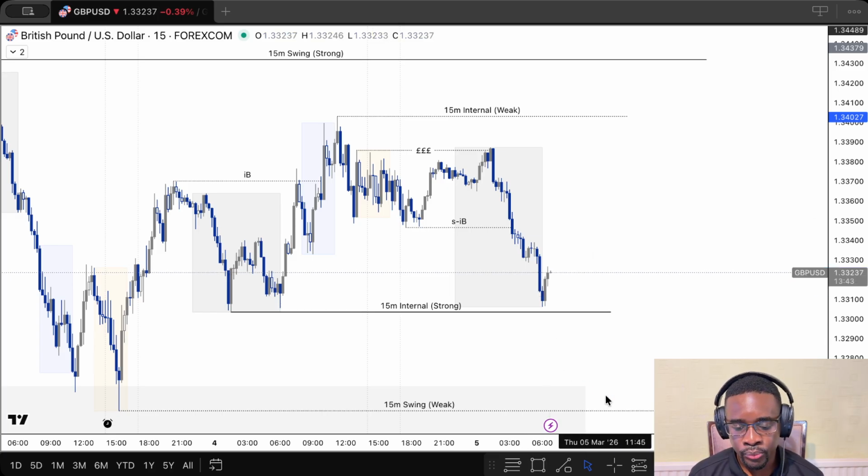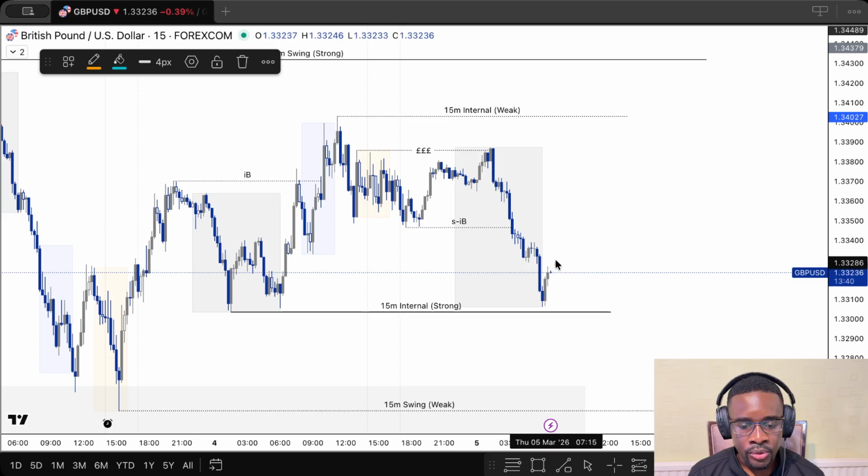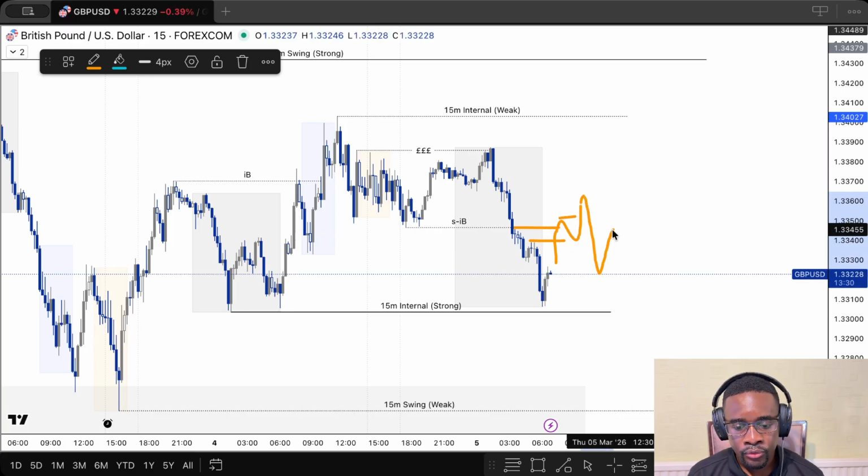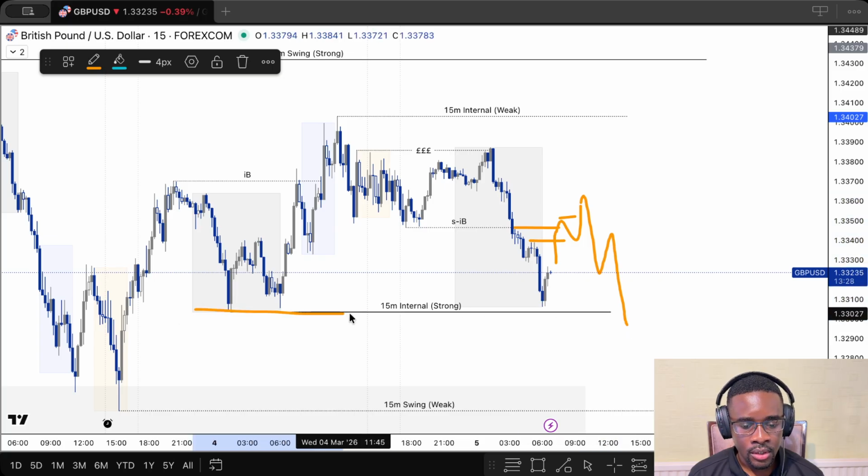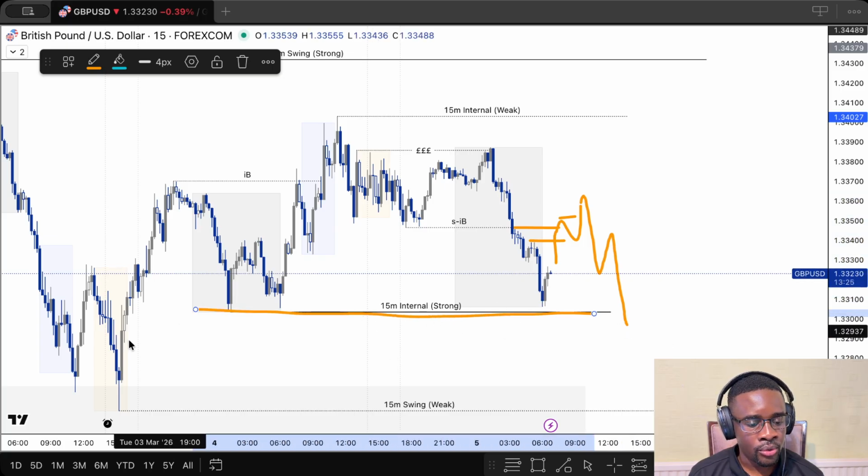The expectation would be for price to come up, maybe sweep these areas, test this area, maybe do another sweep, then look for confirmation and target these relatively equal lows, the Asia lows.